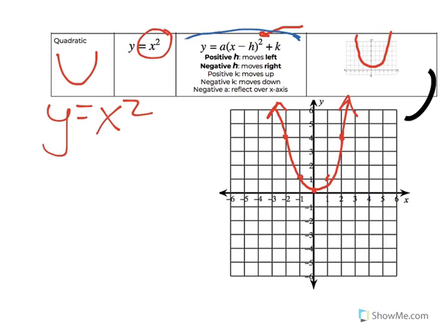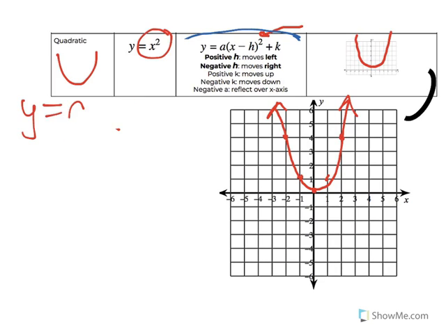The number on the inside is going to move you left and right, but it's opposite of what you think. So if it's a minus, you're going to move to the right. If it's a plus, you're going to move to the left. And then the value in the front, that a, if it's a negative, then it's going to flip the graph upside down.